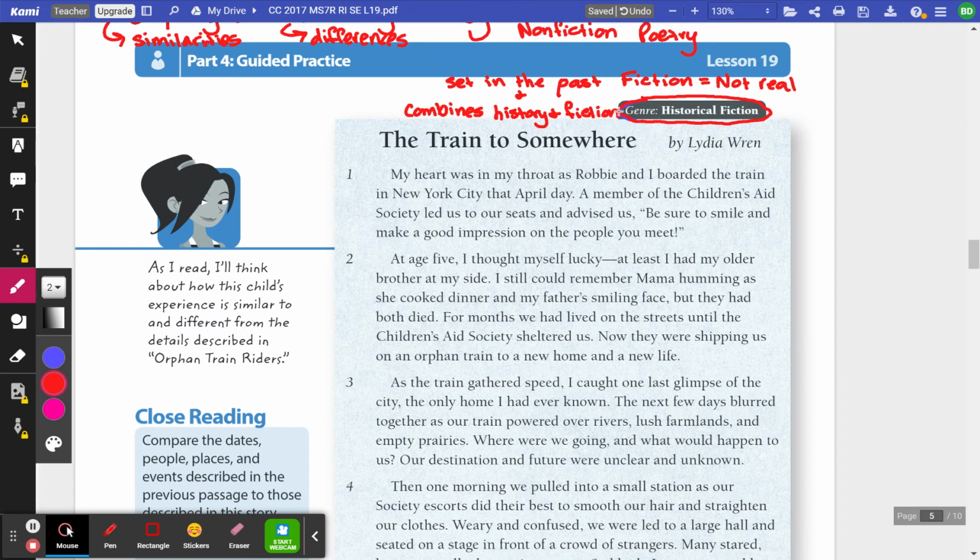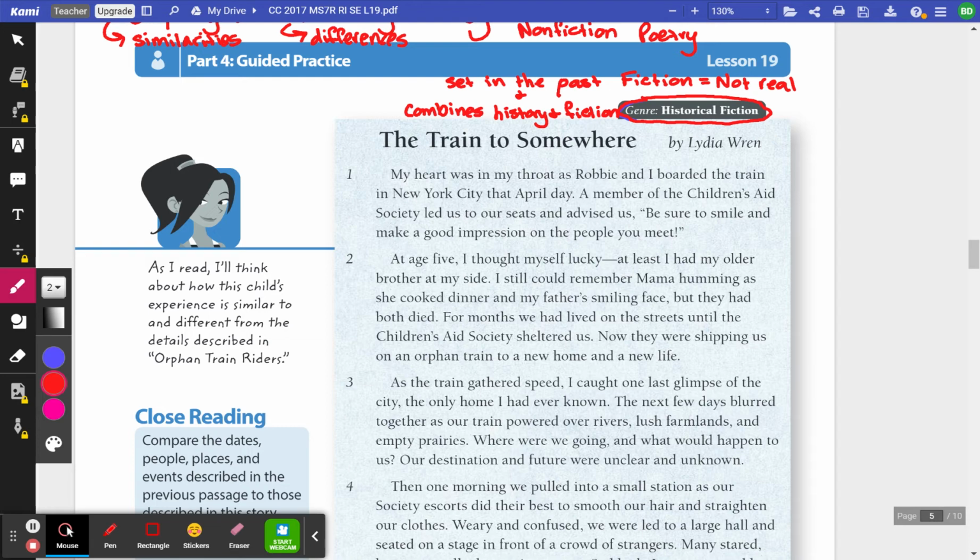Okay, so when you are looking at any piece of literature that is labeled as historical fiction, you know that it's going to combine, like I just said, those historical details with fictional elements. So, just like the historical account we just looked at, there are probably going to be some historical facts, such as important historical figures, the dates that events happened, those events that actually happened, maybe the location, maybe it'll talk about the time period.